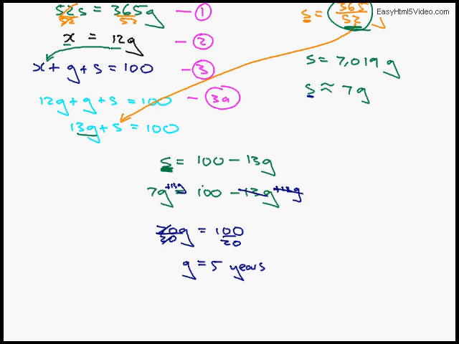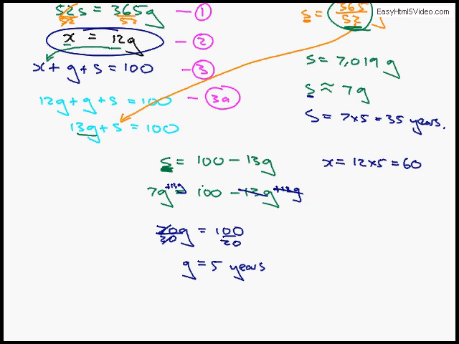Then we can go back and say, but S is equal to 7g. So the son is equal to 7 times 5, which is 35 years old. And then we can go to that one over there where we've got that x is equal to 12g. And we can say that since g is 5, this is 12 times 5, which is equal to 60 years old.